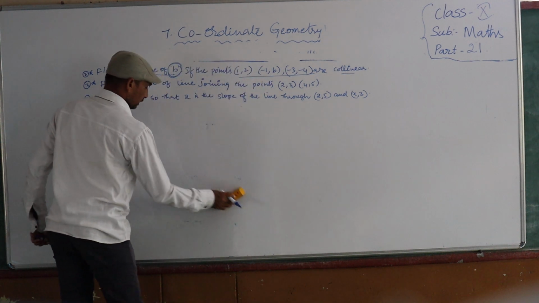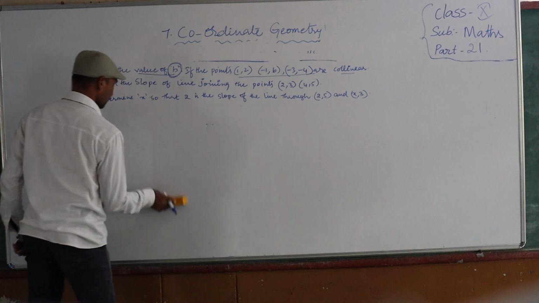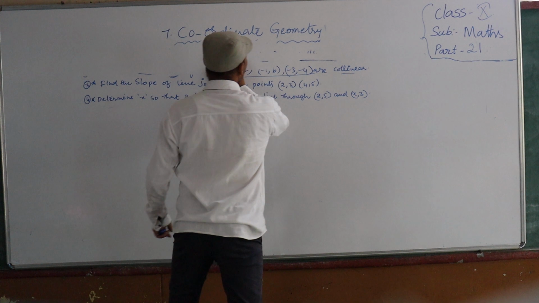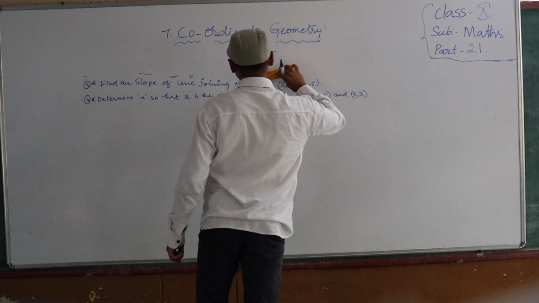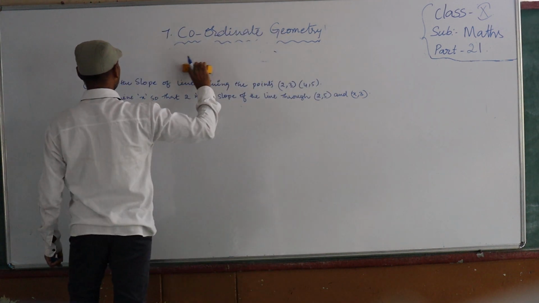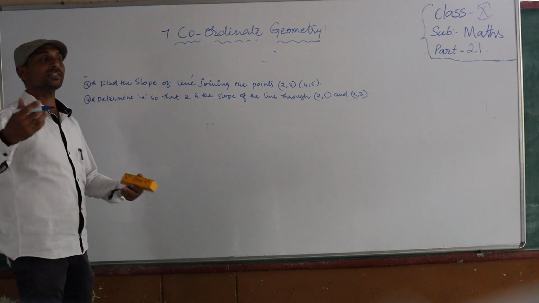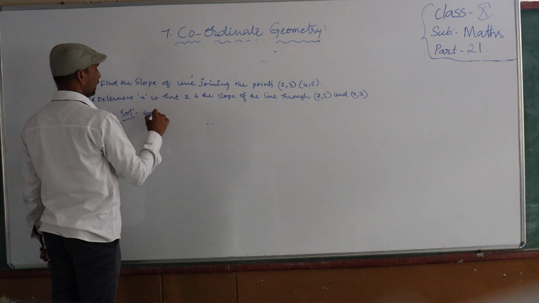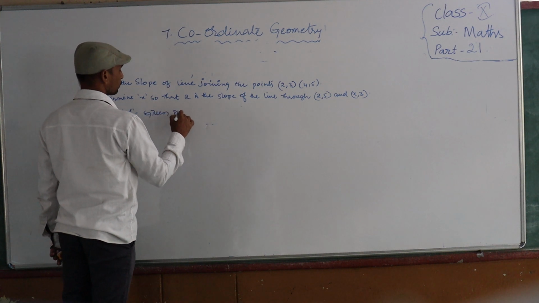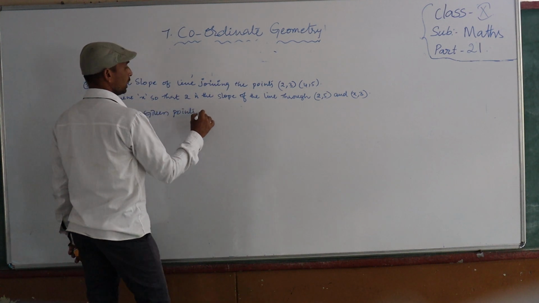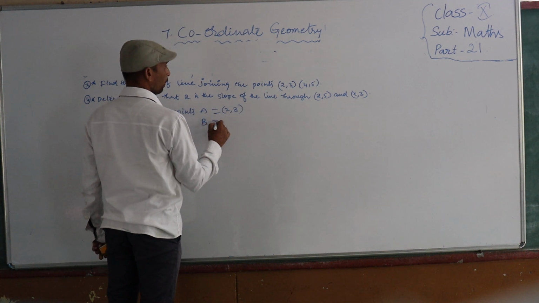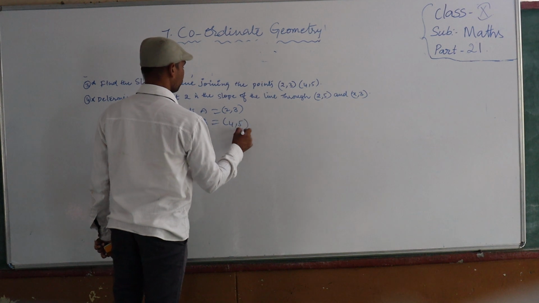So here the next problem is the third one. Find the slope of the line joining the points. Just a direct formula. Solution: given points A (2, 3), B (4, 5).